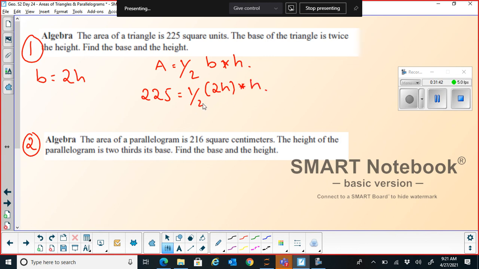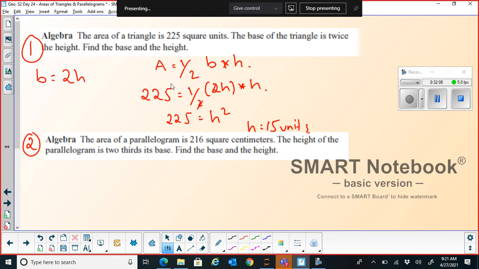These two will get crossed out. So I'll have 225 equals h square. Taking square root of 225, I'll have h as 15 units.